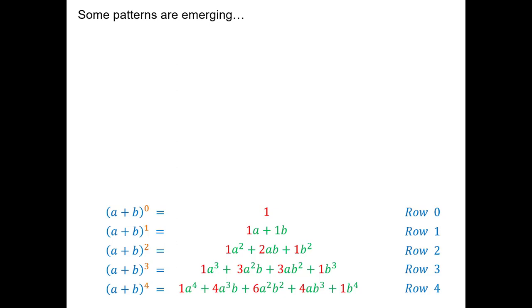So if this first row is considered row 0, it has one term. Row 1 has 2 terms. Row 2 has 3 terms. Row 3 has 4 terms. Row 4 has 5 terms. So that's one pattern that we should recognize.